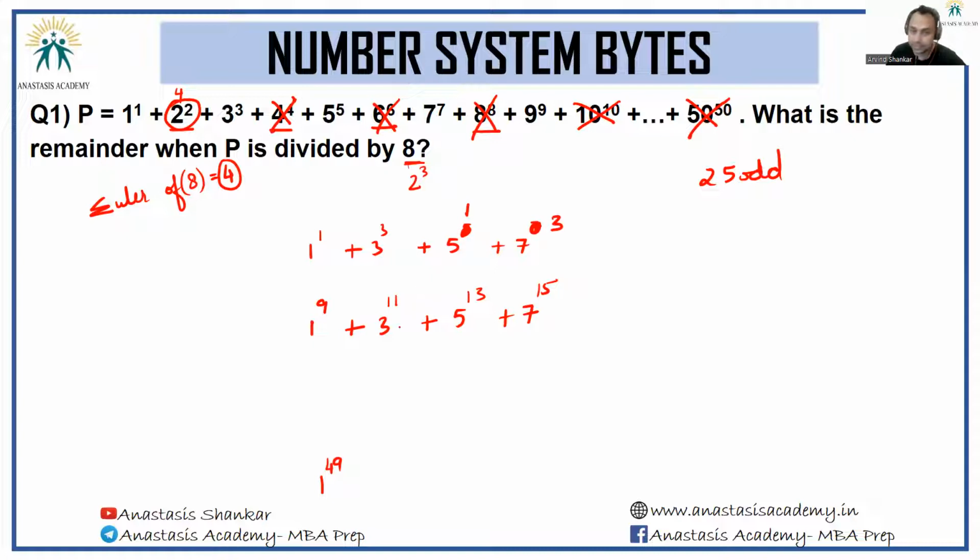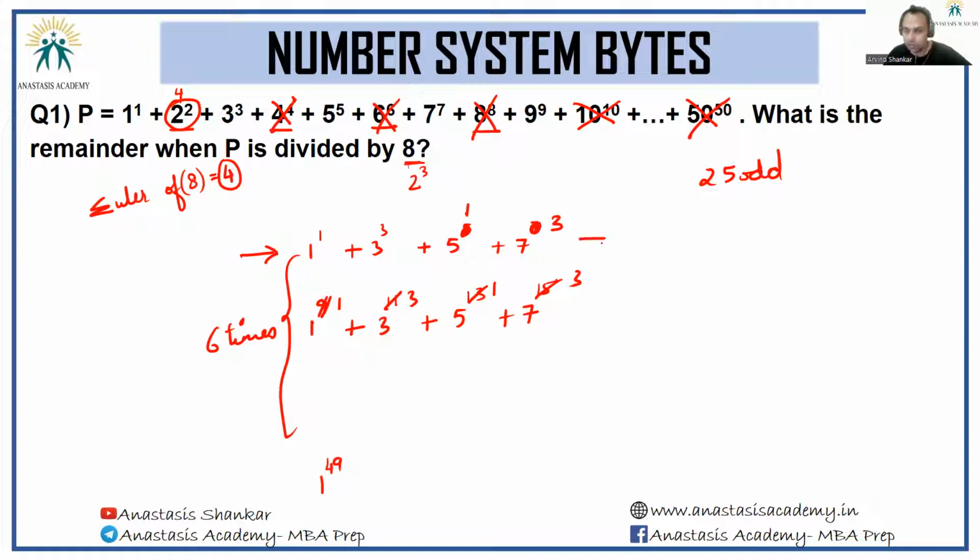And if I can replace it here, I can also replace this with 1, this with 3, this with 1, this with 3. Effectively, each such grouping will happen 6 times. There were 25 odd numbers. You have made groups of 4, 4, 4, 4. So there will be 6 such groupings.